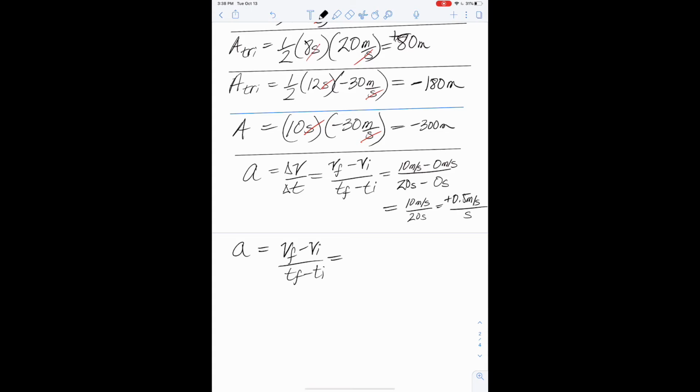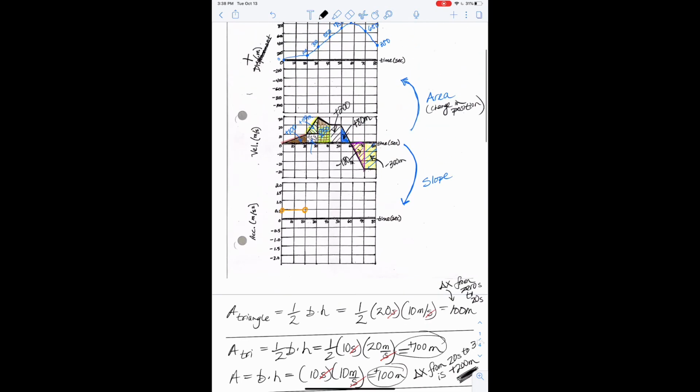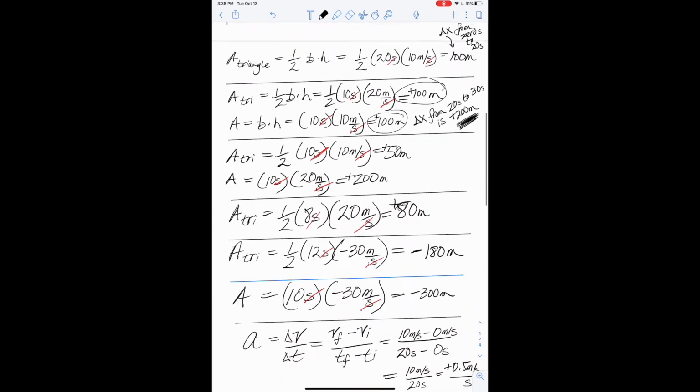We don't have to write that every time if we remember it from above, but you should definitely always write your numbers. And I wrote the wrong number. It should be 30 seconds minus 20 seconds, right? I should probably go up and double check that. So we're going from 20 to 30. Velocities are going from 10 to 30, right? Confirm that with yourself.